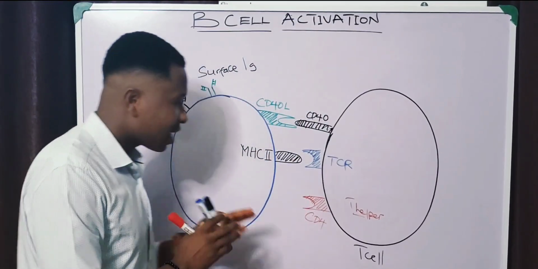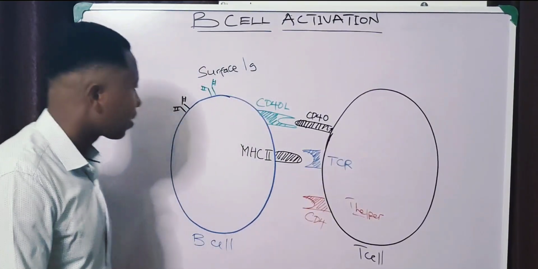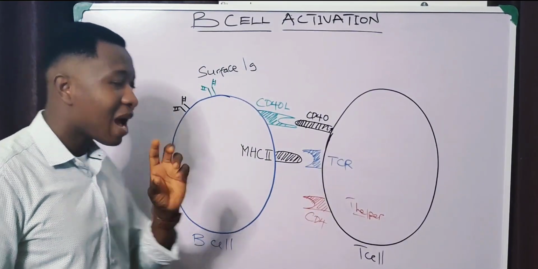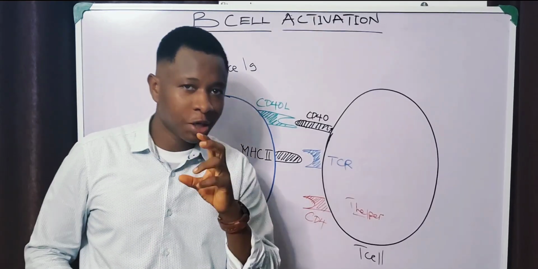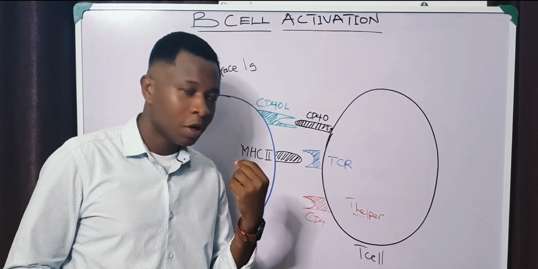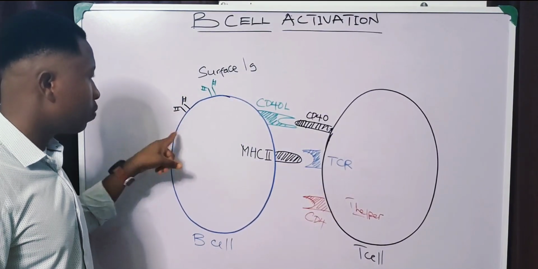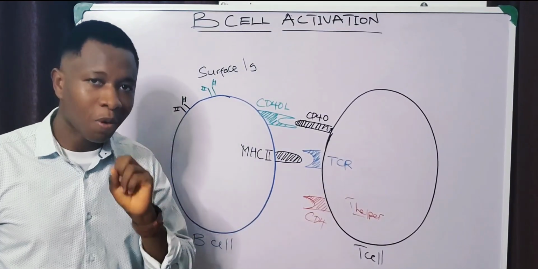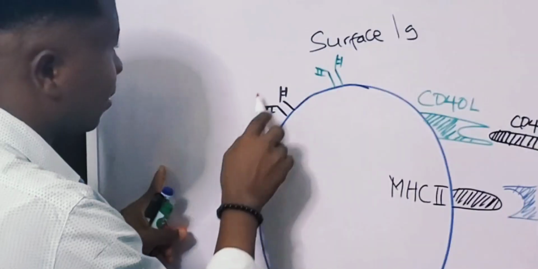So now let's look at the mechanism of the whole process of activation. For the B cells to be activated, right, there must be an interaction between an antigen and the B cell. So let's assume that this surface immunoglobulin that acts as a receptor binds to a specific antigen.